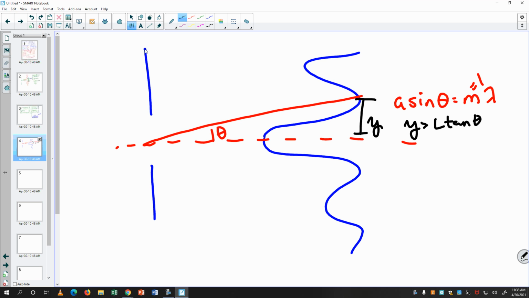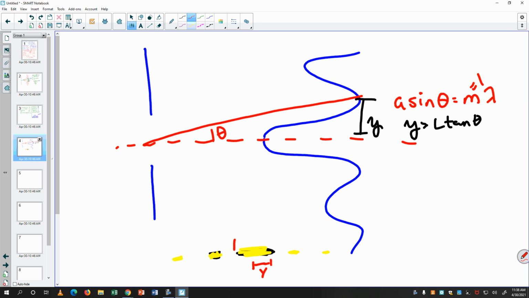But sometimes, if I find that distance y, if I look at my fringes, here's my bright spot, bright spot, bright spot. Just like we saw on the screen last time, when I had the laser shining on the screen. If I do that and find y, that's just this distance.